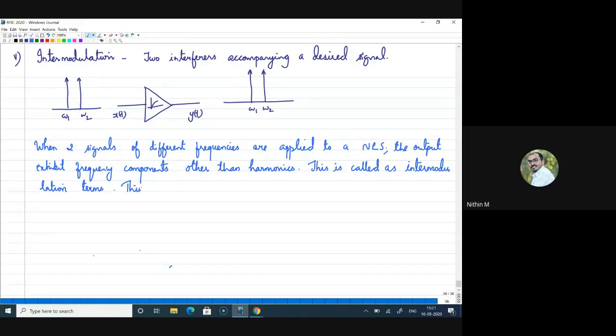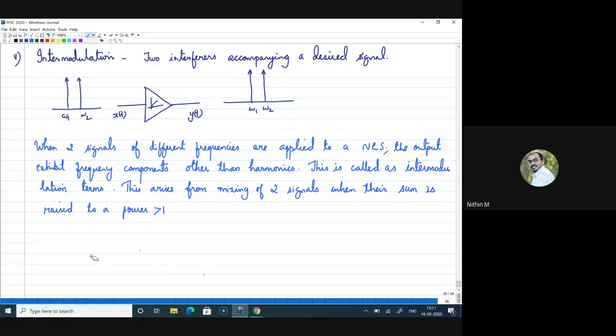This arises from the multiplication, or basically the mixing, of the two signals inside this nonlinear system, and we can understand that from the polynomial expression when their sum is raised to a power greater than 1.